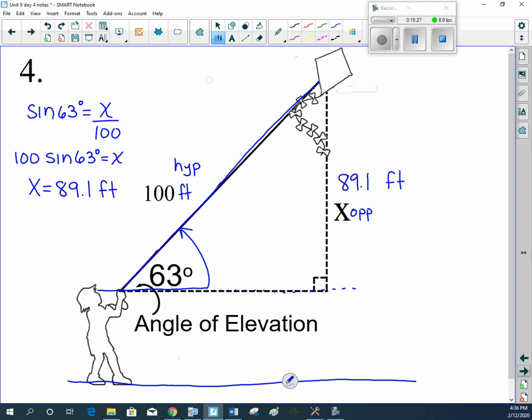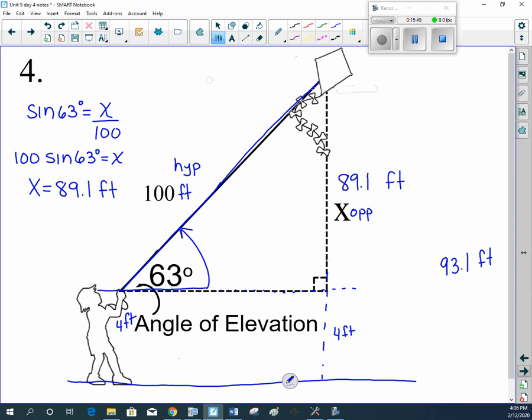So let's just say this is 4 feet off the ground. Then all you would have to do is add 4 feet. So instead of 89.1 feet, the answer would now be 93.1 feet off the ground.